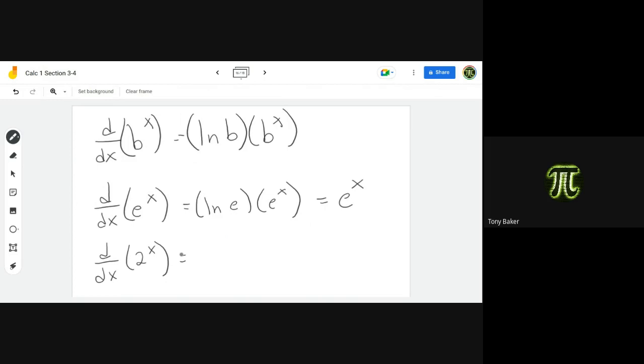What's the derivative of 2 to the x? Ln of 2 times 2 to the x. And that's it. Literally as far as you can go.